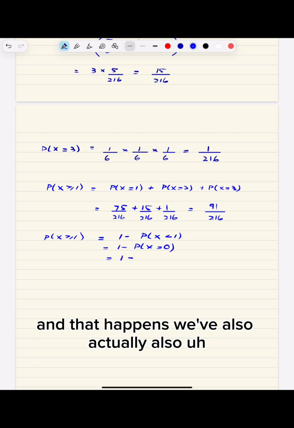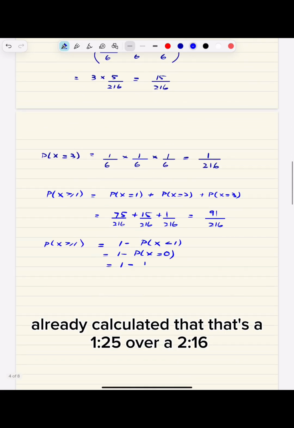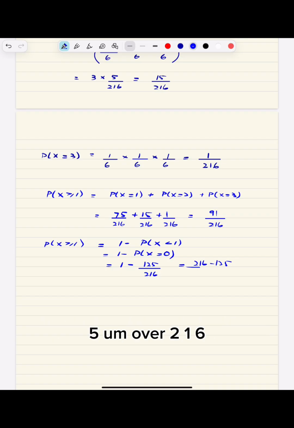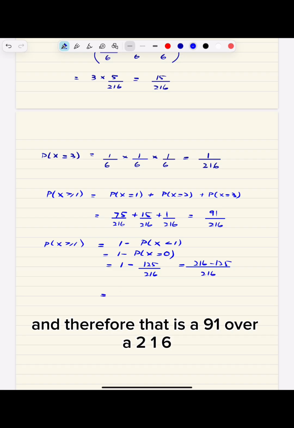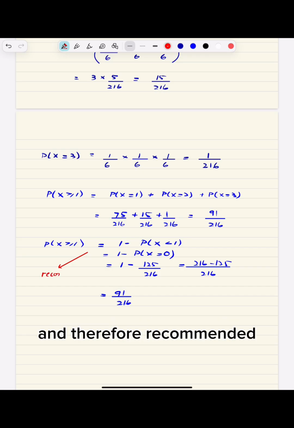And we've also already calculated that that's 125 over 216. So therefore we need to calculate 216 over 216 minus 125 over 216, and therefore that is 91 over 216. So this method is generally preferred and therefore recommended.